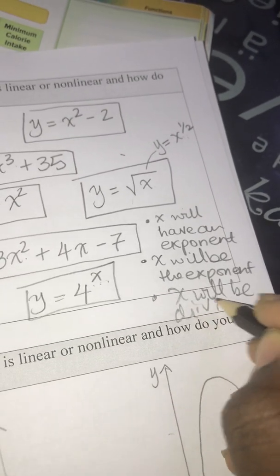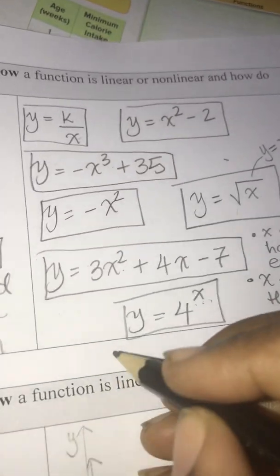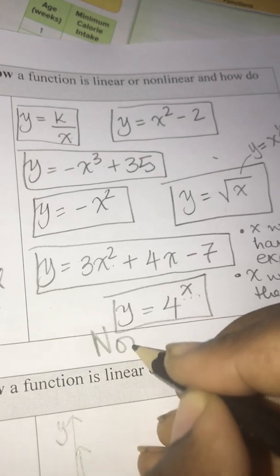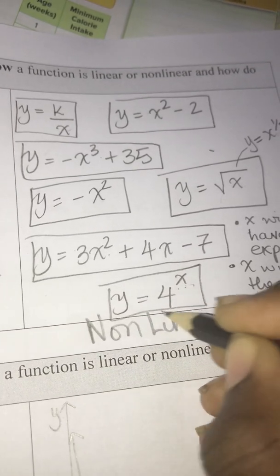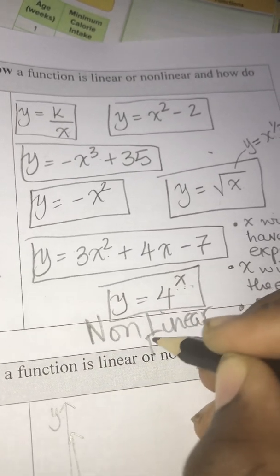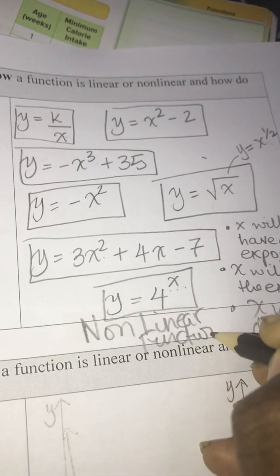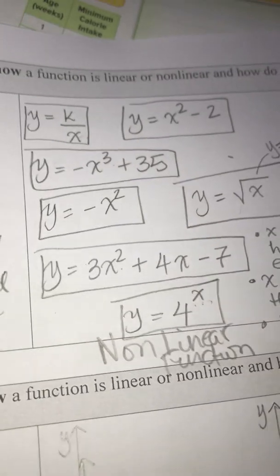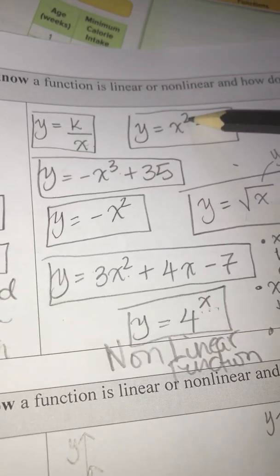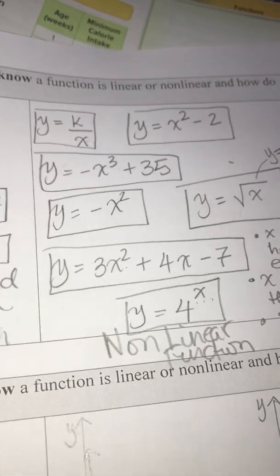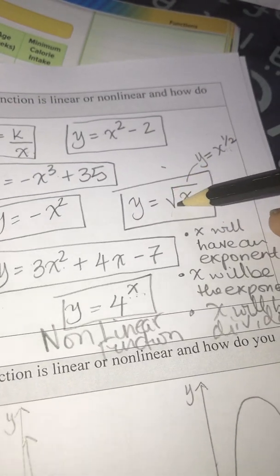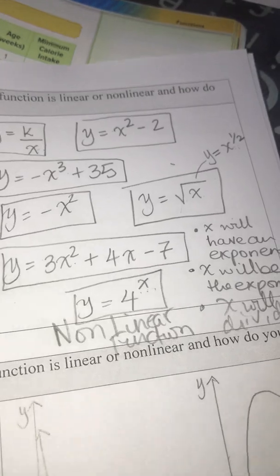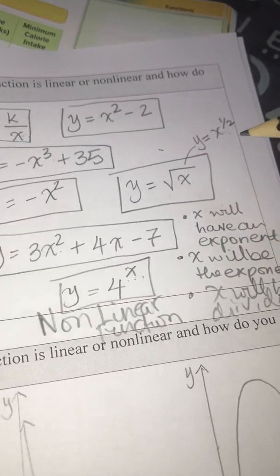If you see any of these, then it is a non-linear function. Okay, I repeat again. If x is in the denominator, non-linear. X has an exponent, non-linear. X is under a square root, non-linear, or a root. If x is under any root, non-linear.